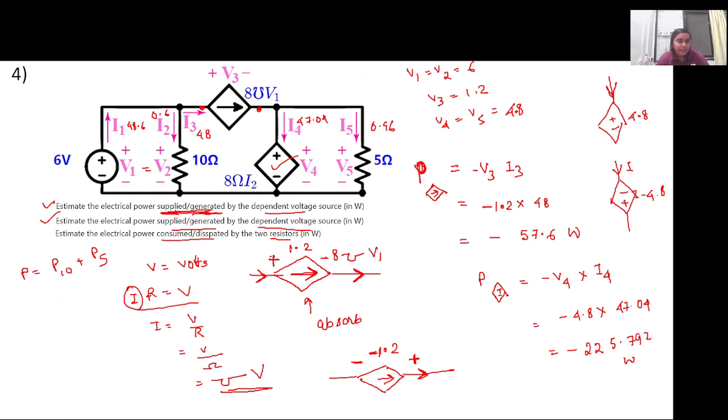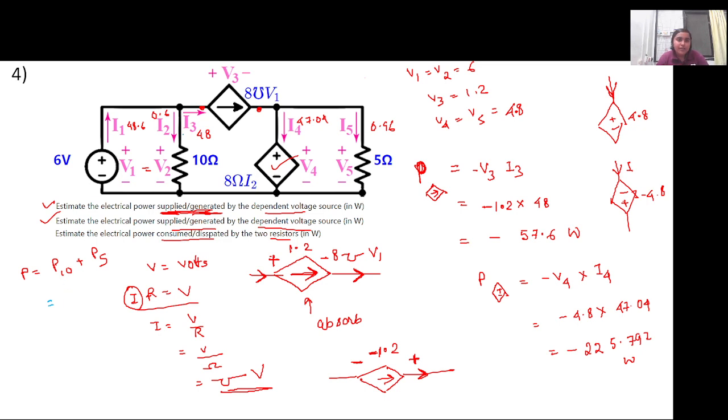So power dissipated can be written as I square R, or V square by R, whatever you wish. Let us write it as I square R.